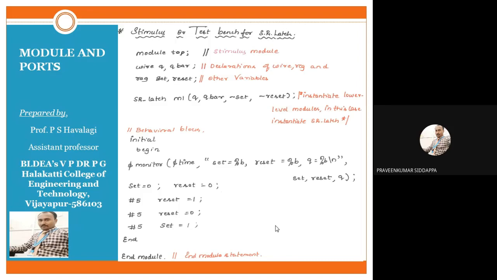Okay, so next, if this concept is clear, any doubt in writing the test bench? Any doubt? Sir, can we write both reset and set? Okay, if both are mentioned, there is no problem. You can check it in this example.